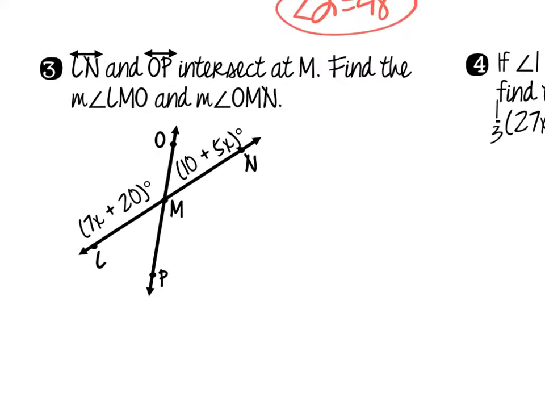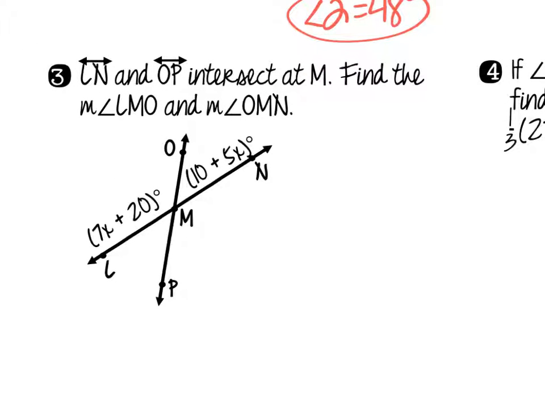Now looking at number 3, I know that these are a linear pair, so they have to add up to equal 180. So 7x plus 20 plus 10 plus 5x equals 180.